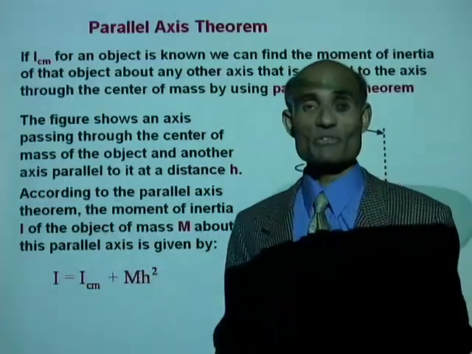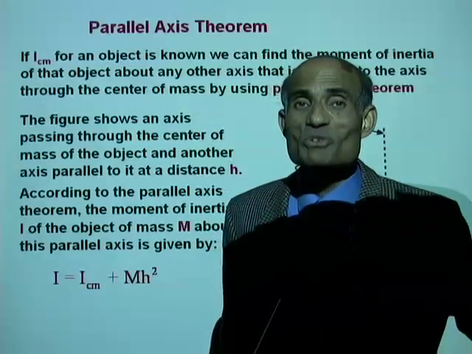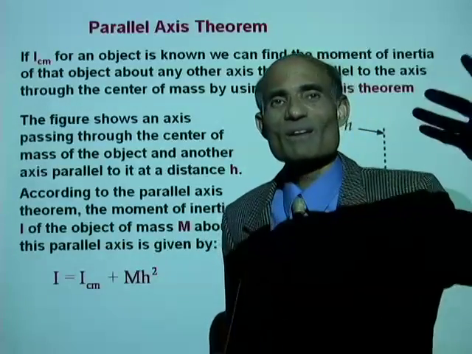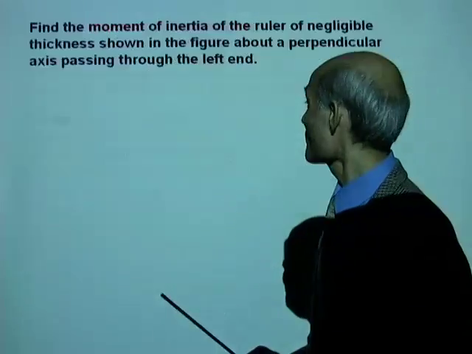Very simple theorem, but it is useful to remember because this is going to be used not only in physics 1 but also in physics 2. Very important to know that.